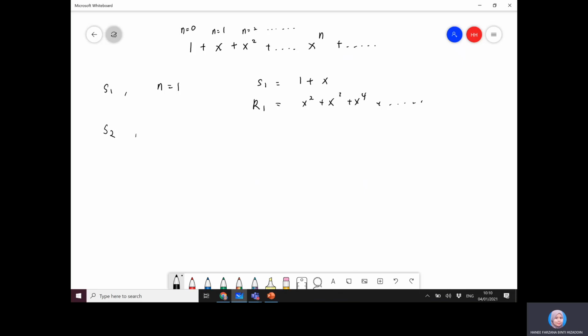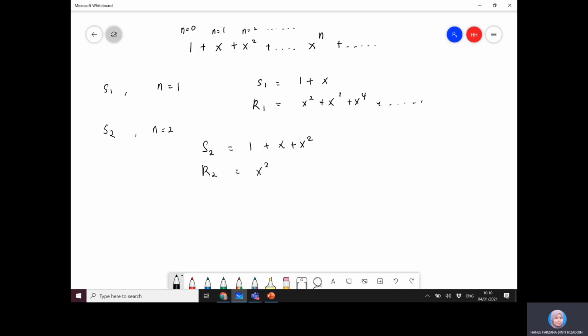So S2, i.e. when n equals 2, you take the partial sum of the series at n equals 2. So you will have 1 plus x plus x squared. So you stop there. And the remainder of 2, R2, is whatever term starting from n equals 2 plus 1, i.e. n equals 3.